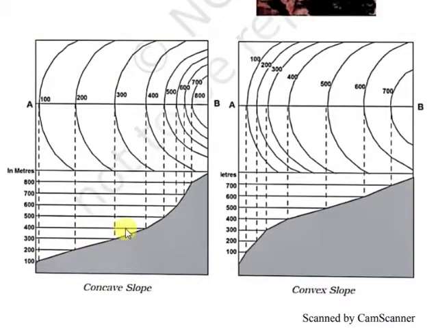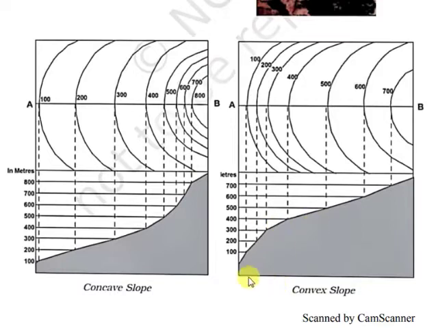Here you can see the concave slope, widely spaced in the lower part, since it is a gentle slope here, whereas here they are more compact, since we have a steep slope here.